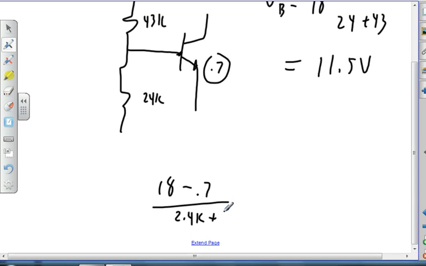2.4K plus 4.7K. And so my current at the drain, 18 minus 0.7 divided by... 2.4 milliamps.